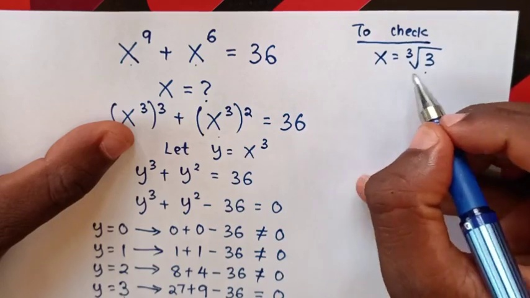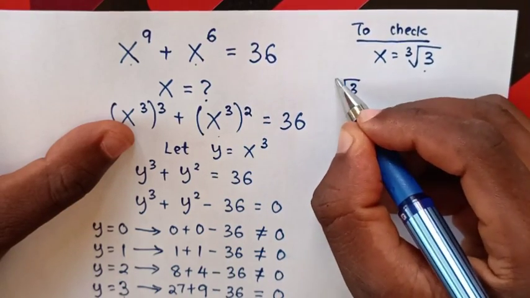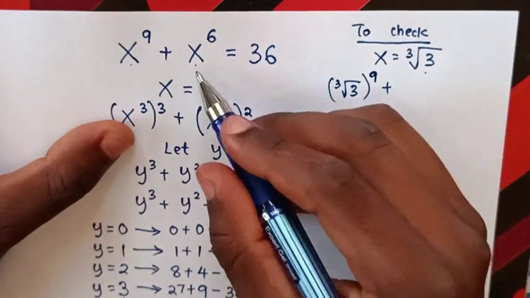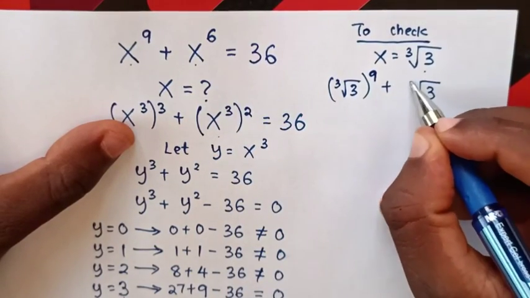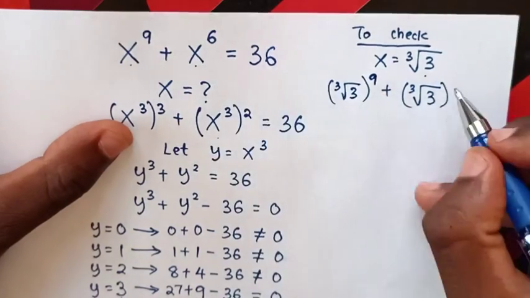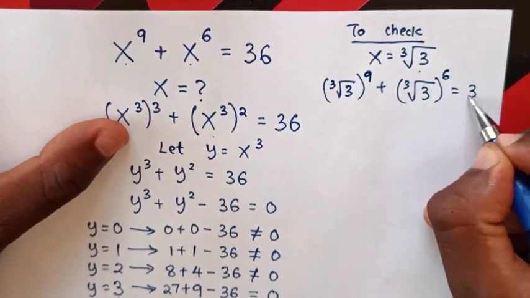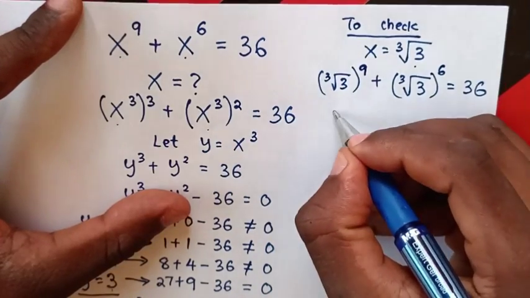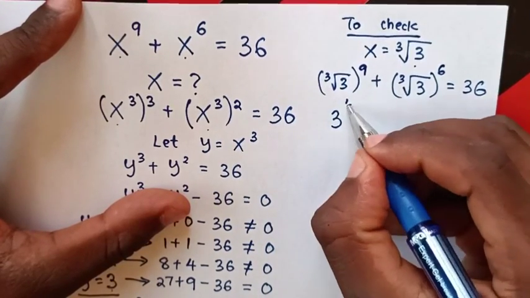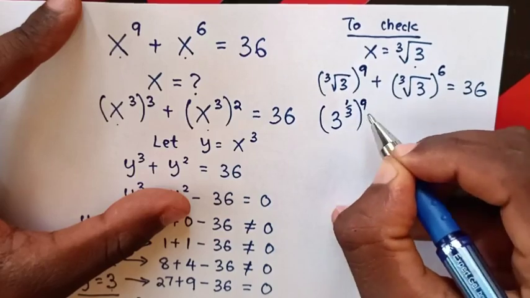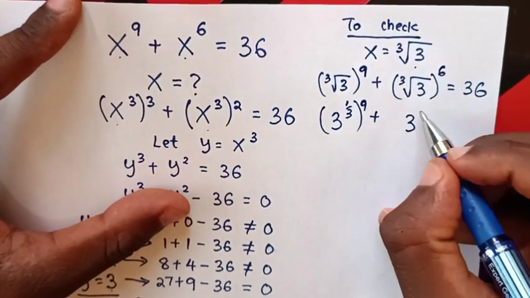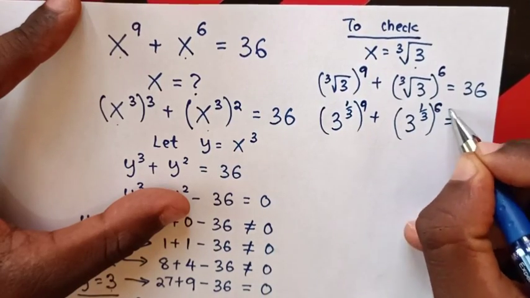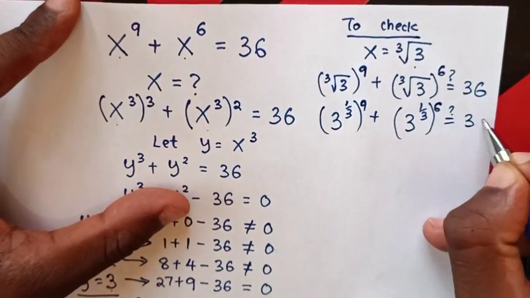So it will be (∛3)⁹ + (∛3)⁶, is it equal to 36? Then here, the cube root of 3 is the same as 3 power 1/3, so (3^(1/3))⁹ + (3^(1/3))⁶, is it equal to 36?